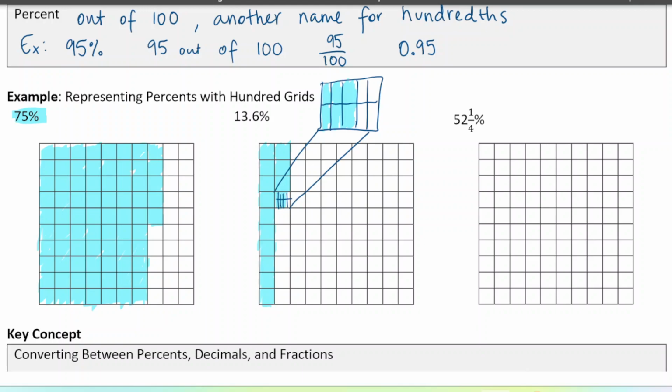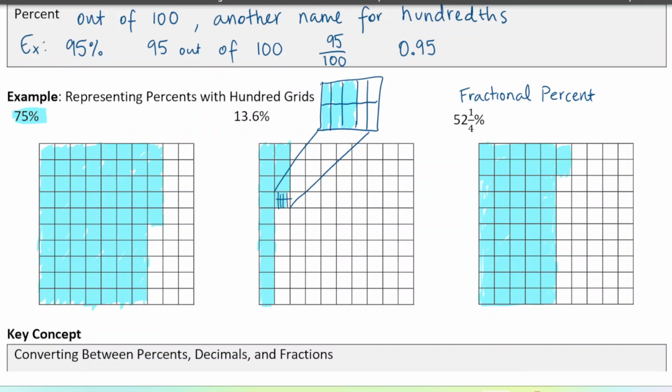Okay, 52 1/4. This is called a fractional percent. So it means I'm going to color in 52 squares and then 1/4 of the final square. So first I'll do 50, which is exactly half. And that way I can go a little bit faster. It's important to be able to visualize these percentages so you can understand what they mean.